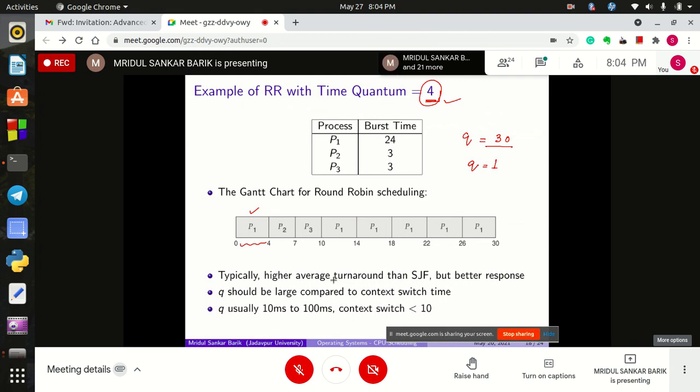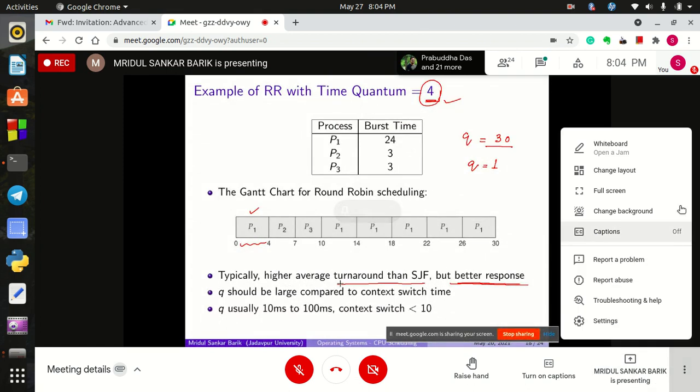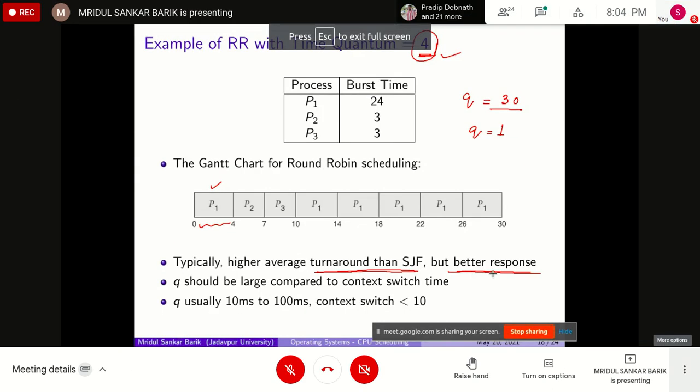But the round robin scheduling has a better response time compared to other scheduling algorithms. It has a higher average turnaround time than SJF, but it has a better response time.